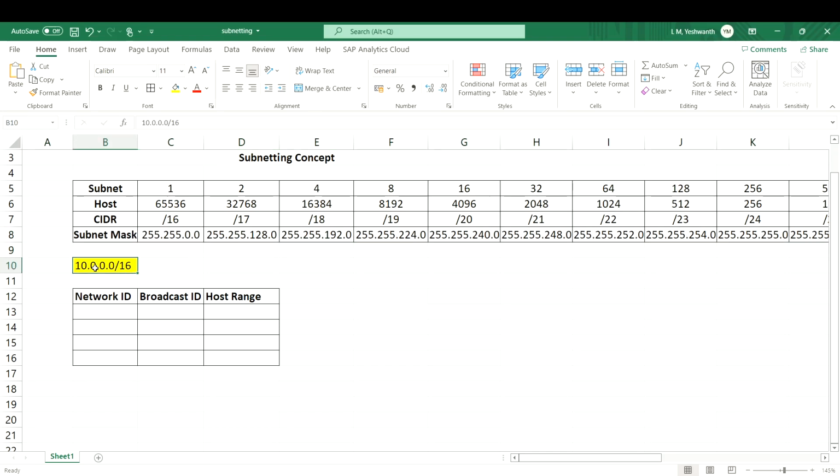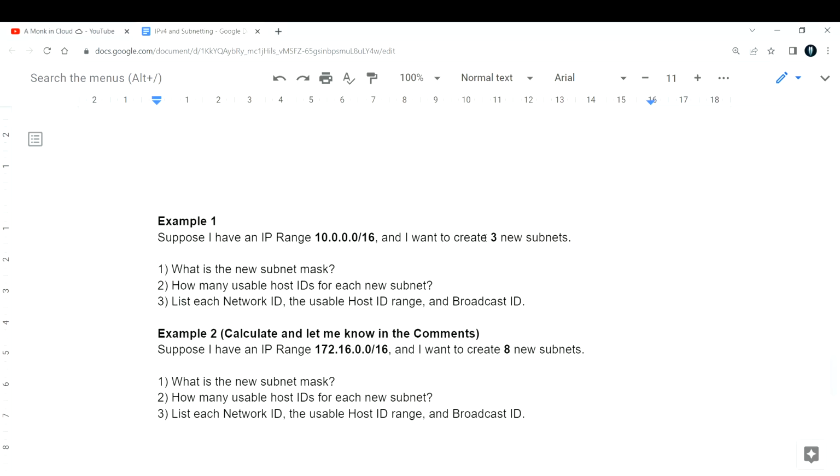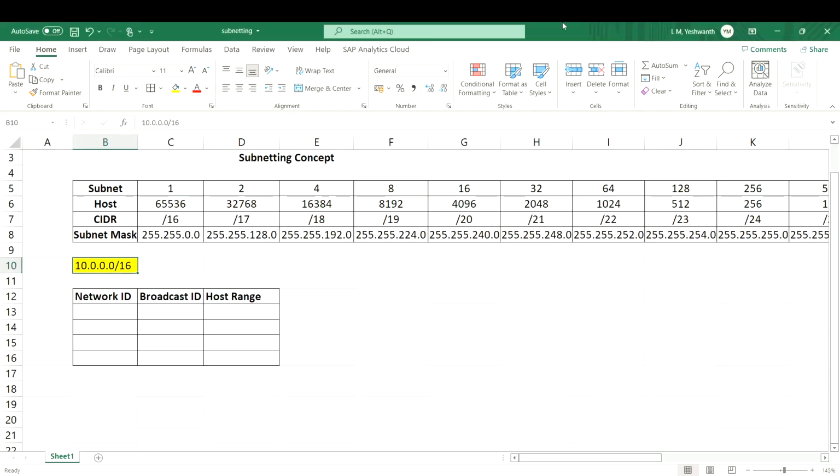Now our question is to calculate the network ID, broadcast, and the host range for this particular IP address, right? We also need to create subnets for this, so let's go ahead and create that. First things first, you need to read the question correctly. My question was to get 3 subnets, so this number 3 and this range are important here. Let me go back to my Excel.